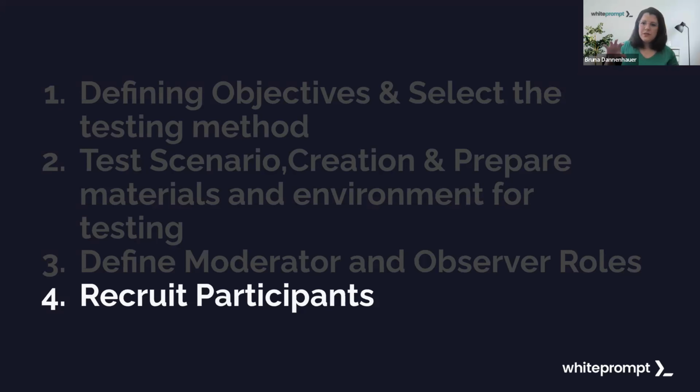You need to understand, oh, I need a person from this age, this gender, I don't know, this profession, and you need to recruit participants that fit the product you're testing, right?